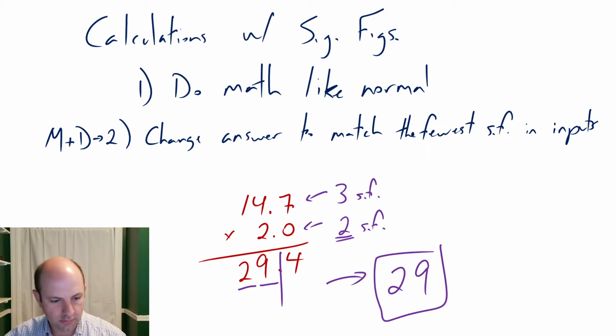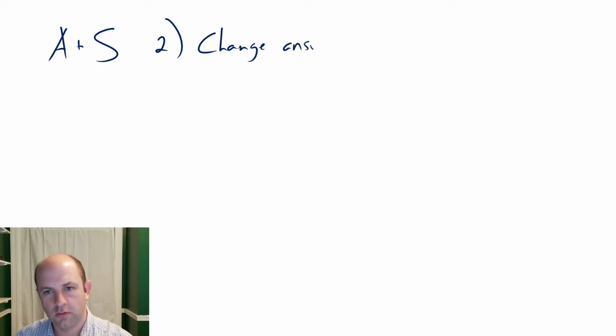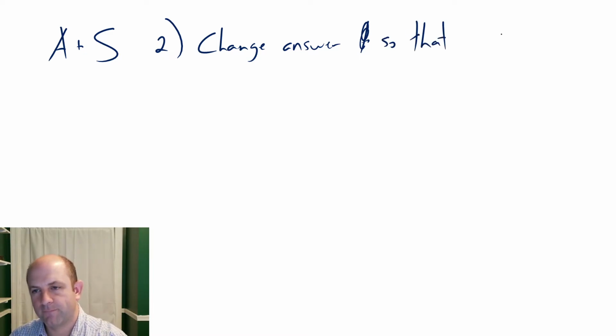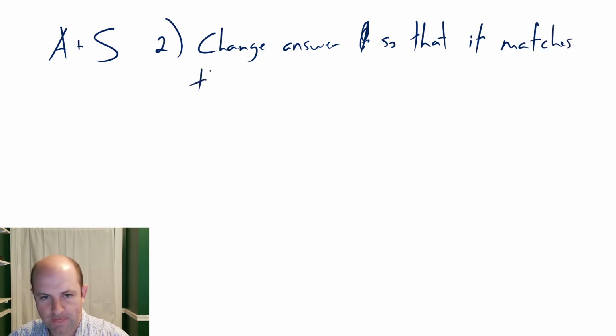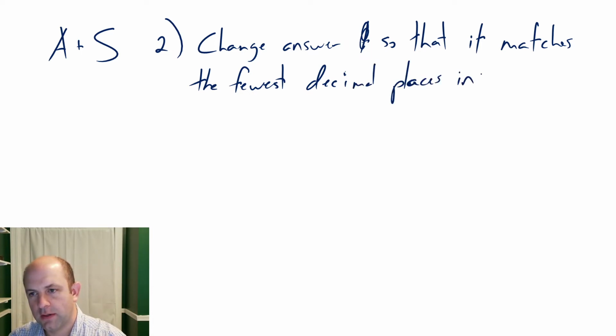If, on the other hand, we are doing adding and subtracting, then rule 2 is a little different. We still do the math like normal, let the calculator tell us what we got, but then what we'll do in step 2 is we will change the answer so that it matches the fewest decimal places in the inputs.